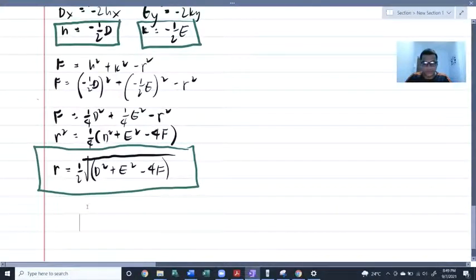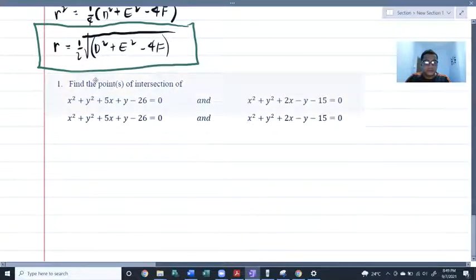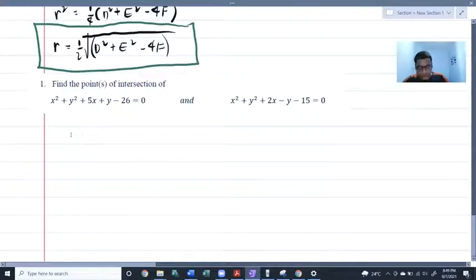Now let's go here. So first, let's consider the first circle. We have x squared plus y squared plus 5x plus y minus 26 equals 0. So from this general form, our d is equal to 5, our e is equal to 1, and our f is negative 26.